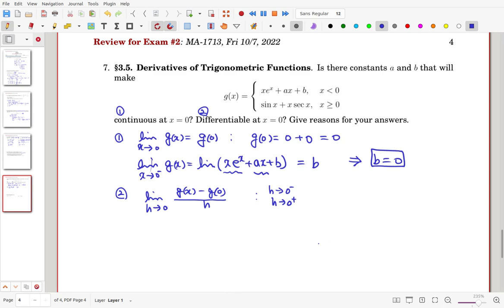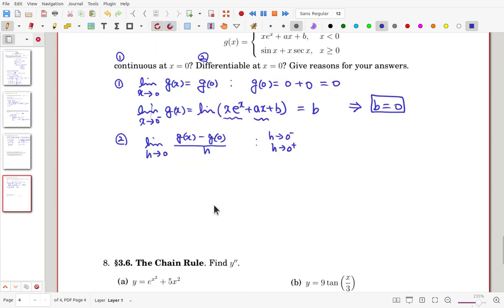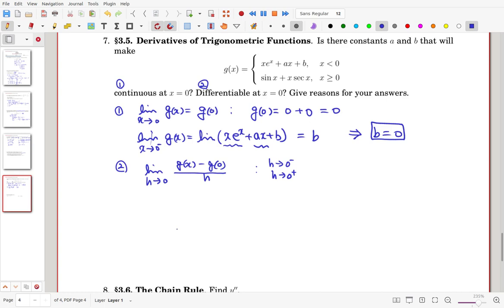Okay. Now g is defined piecewise, so look at it this way. For x less than 0 it is defined one way, and for x larger than 0 it is defined another way. So we try to find the derivative from both sides, and after taking the derivative, we consider the limit as x approaches 0.